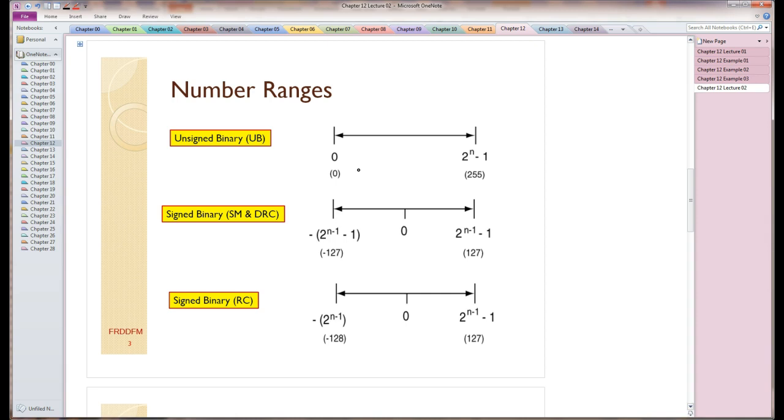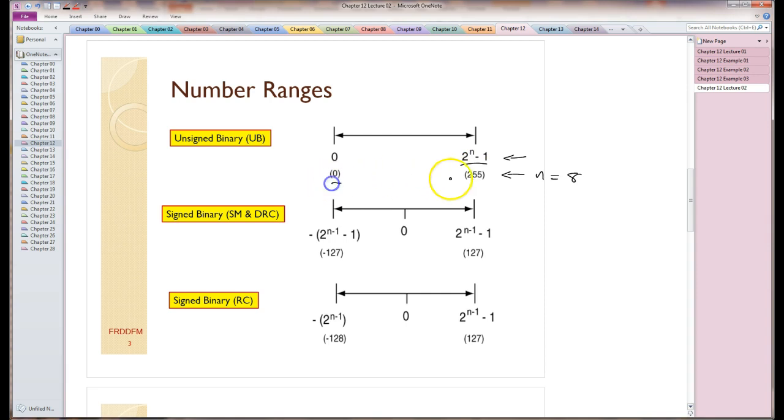There's both formulas, and these are the associated values with n equals 8. So all these examples use n equals 8. For unsigned binary, the number range starts at 0 and goes up to 2 to the n minus 1, as given by this formula. That means 2 to the 8th is 256, minus 1 is 255.